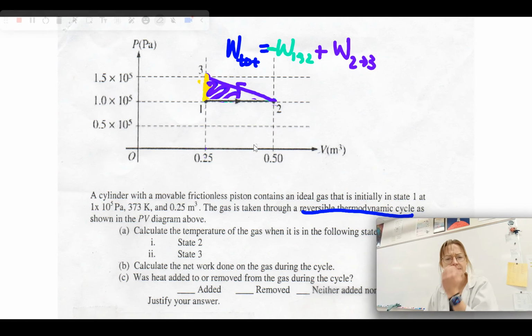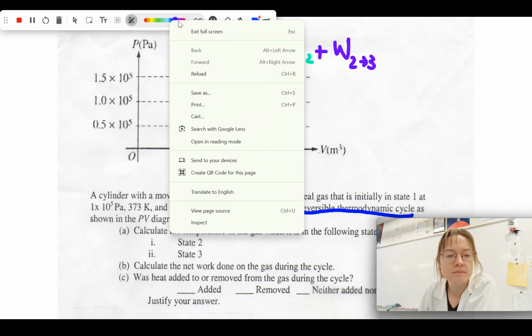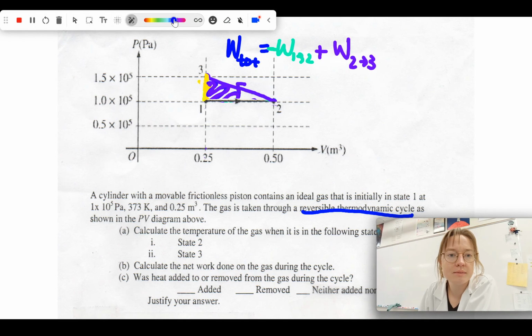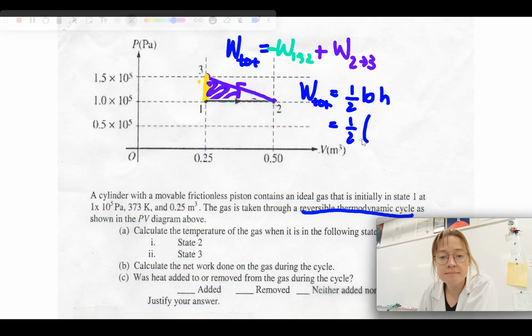So I could find the total work much faster if I just do the area of a triangle. Okay, I can do 1/2 base times the height to find the total work done, where I'm just finding the area of that little triangle. The base here is going to be a change in volume, a delta V.